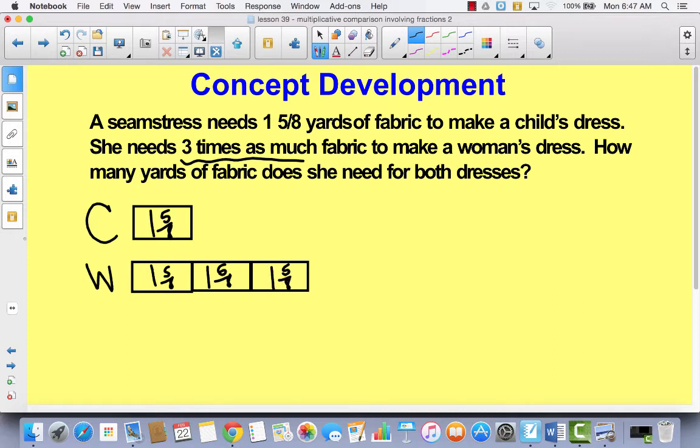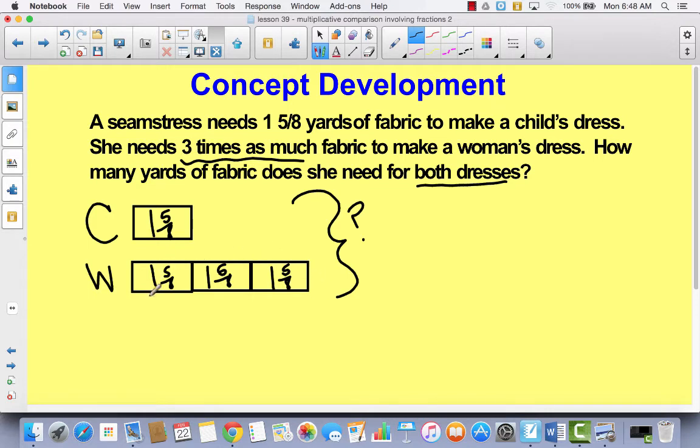Now let's look at what the question is asking. It's not asking how much fabric do you need for a woman's dress. It's asking how many yards of fabric do you need for both dresses. So in this case, this is where my question mark would be. This is how much I'd need for both. So how could I solve this?